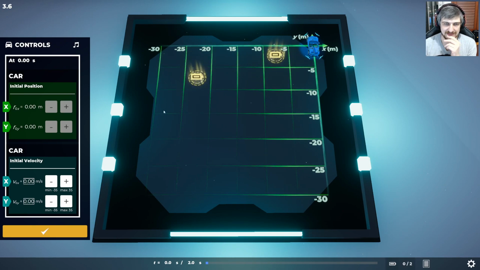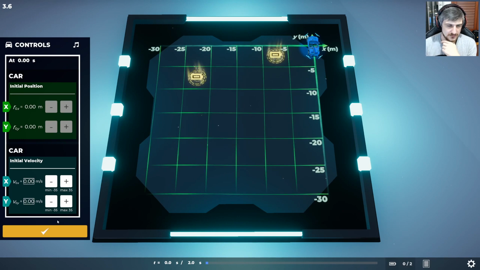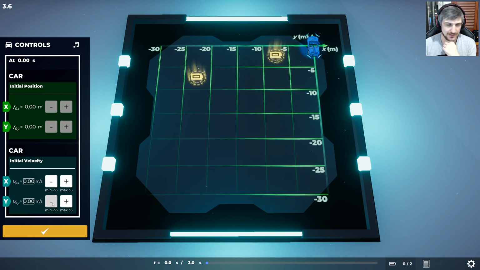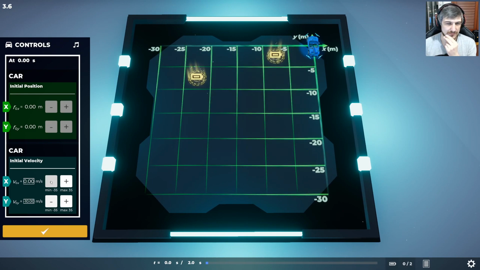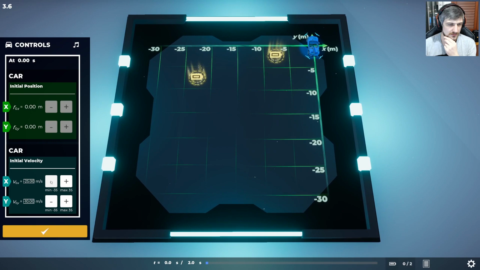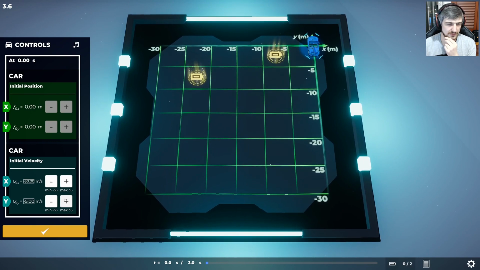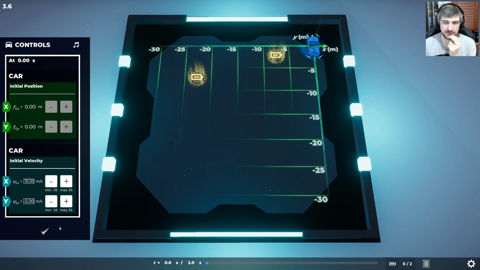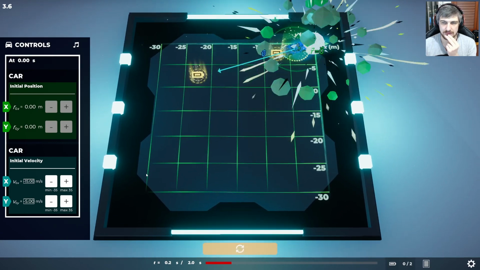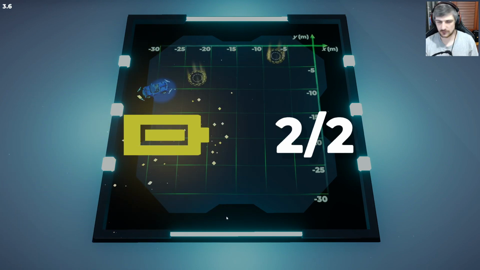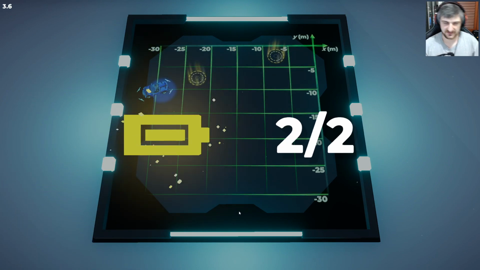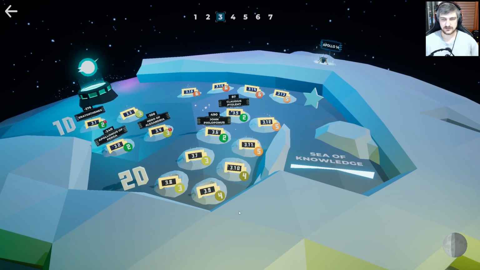We want to go to -10 on the y-axis, and we want to go to -30 here. So actually we're going to go -5 and -15 because we're going to do it in 2 seconds. Yeah, there you go. Work backwards. Gotta work backwards. We're still on the easy ones, man. I can't imagine what a level 10 is going to be like. We've got some level 5s and 6s up here that I'm worried about.